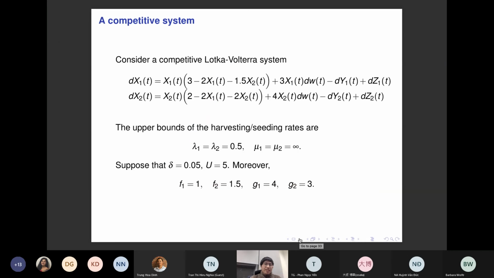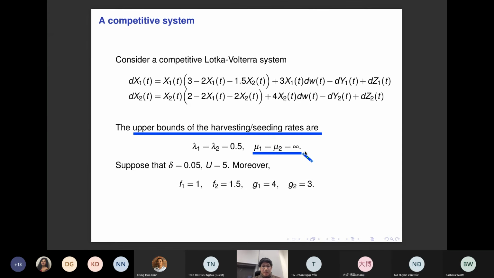Okay, so now we'll look at a two-dimensional ecosystem. In particular, we look at the competitive system of two species. The upper bounds of harvesting and seeding rates are given here.